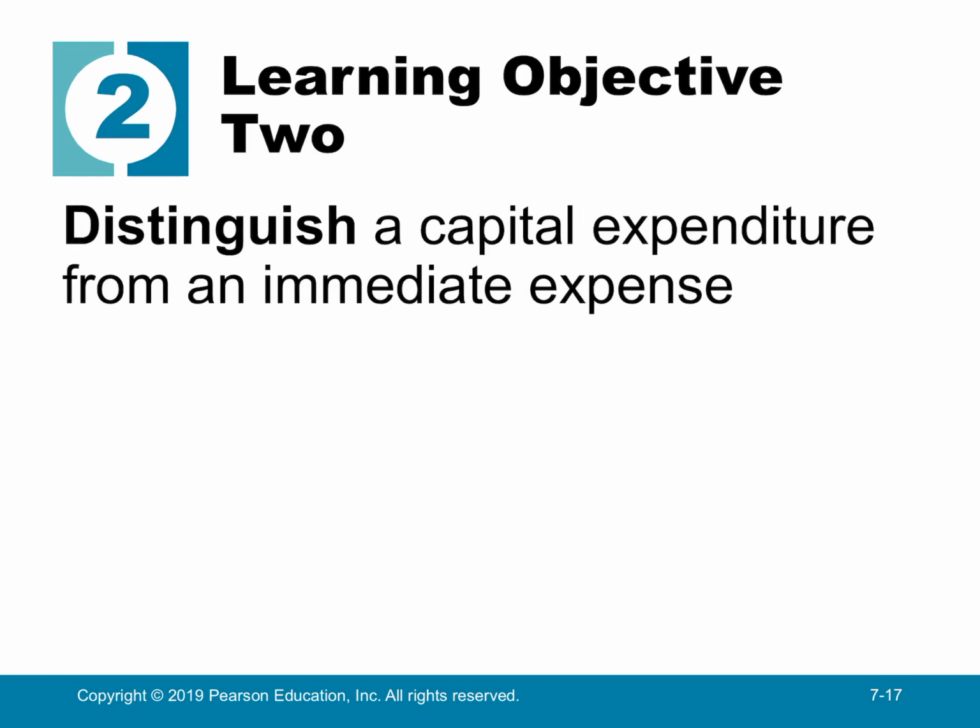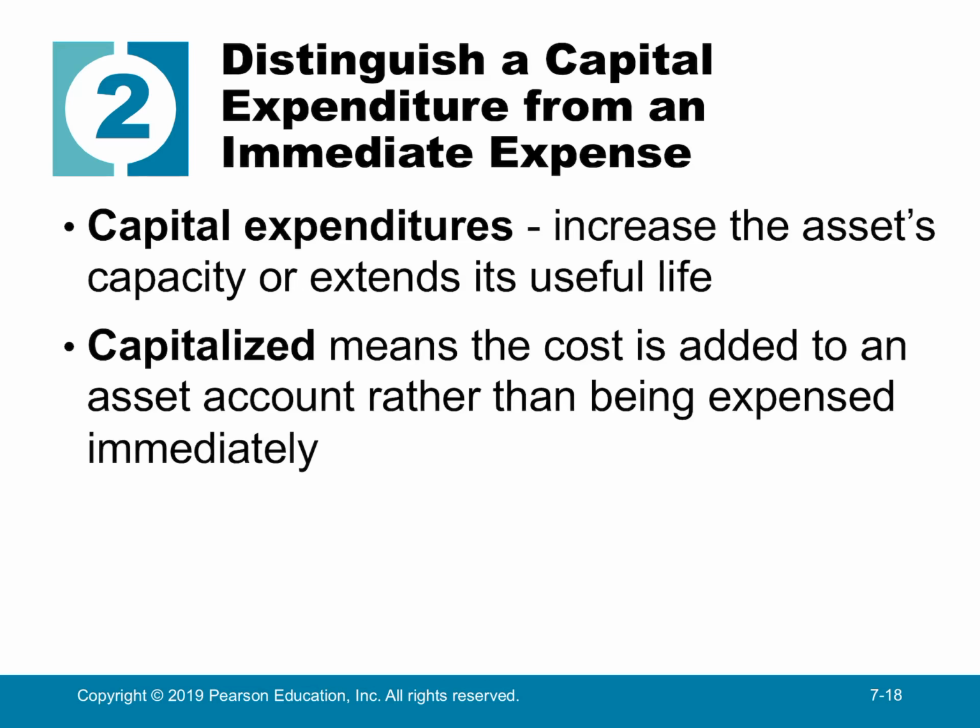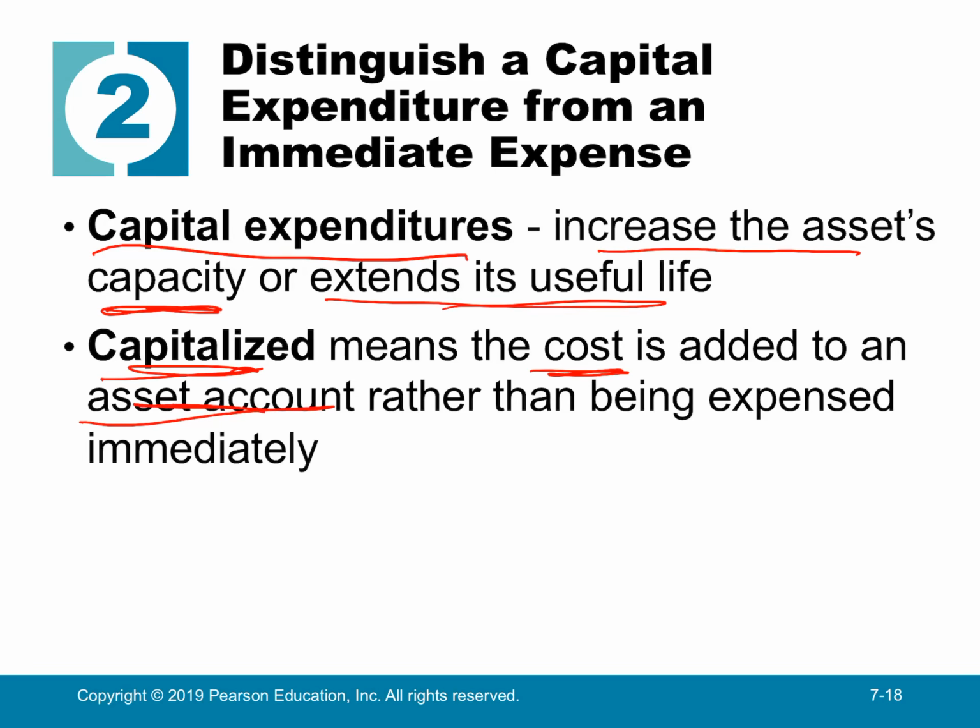Okay, let's talk about when something is a capital expenditure and when we just immediately expense it. Capital expenditures increase the asset's capacity or extend the useful life. For something to be capitalized, that means the cost becomes an asset account rather than being expensed immediately.